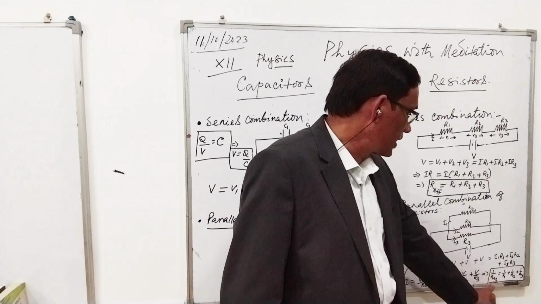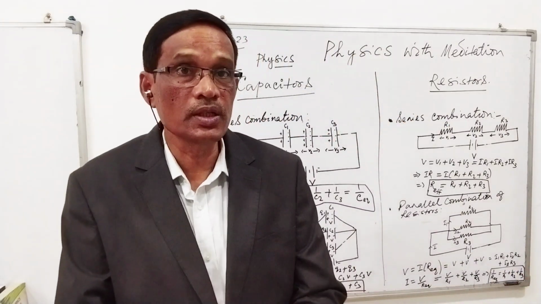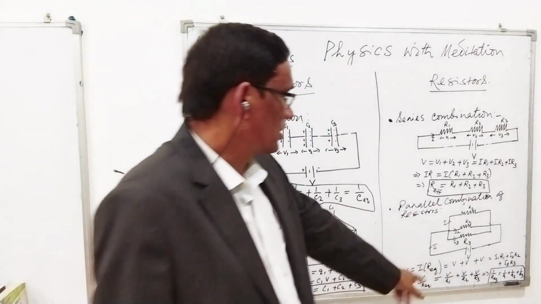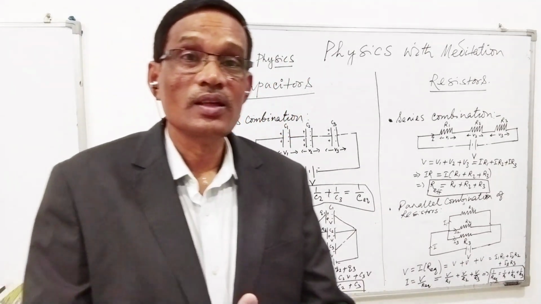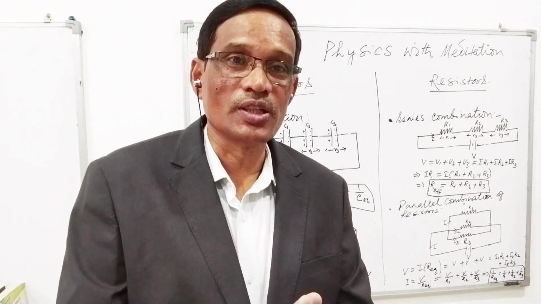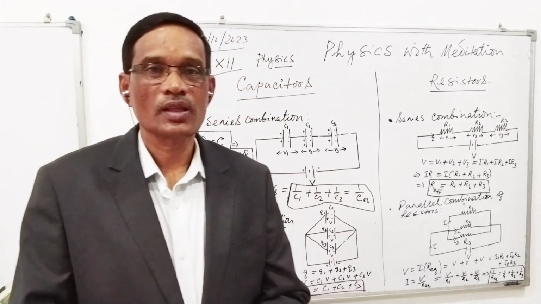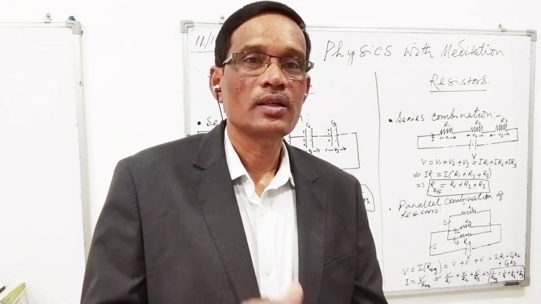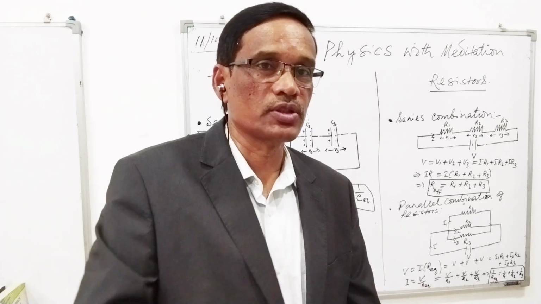That 1 upon R equivalent is equal to 1 upon R1 plus 1 upon R2 plus 1 upon R3, when you are talking about three resistors connected in parallel, okay? That is how you need not confuse yourself when you are applying capacitors in series and you are saying 1 upon C equivalent is 1 upon C1 plus 1 upon C2 plus 1 upon C3.